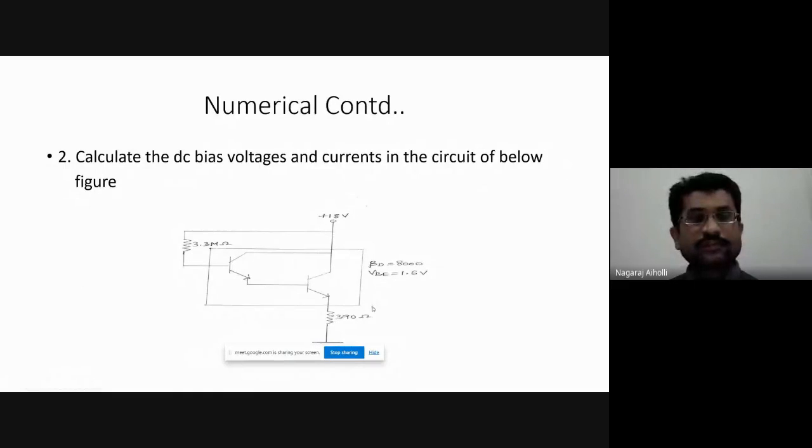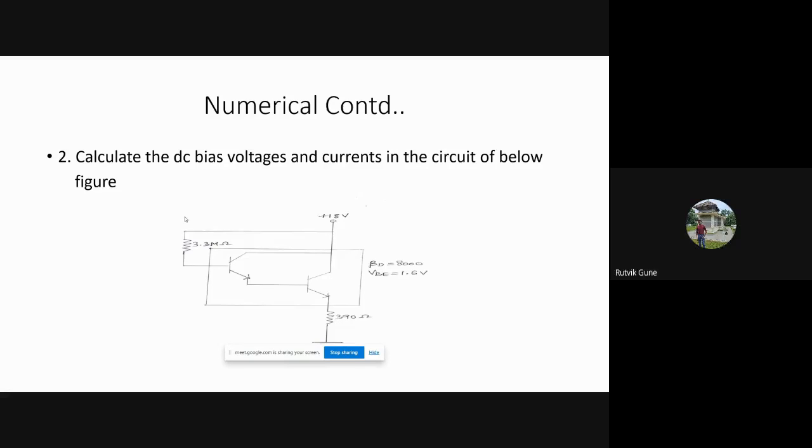Did you all note down the circuit? Did you all note down here? Shall we proceed? Yes. Okay.